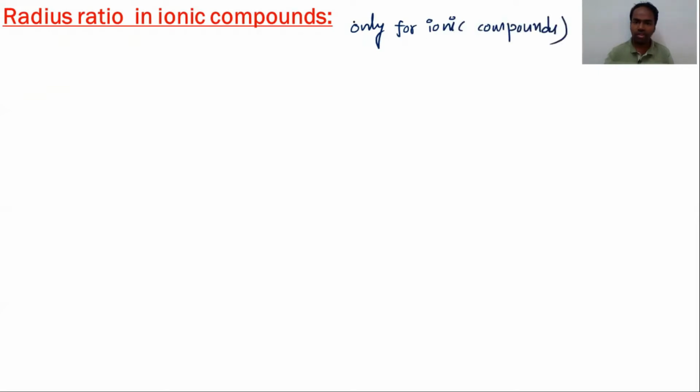If you take any ionic compound, there is a cation and an anion.